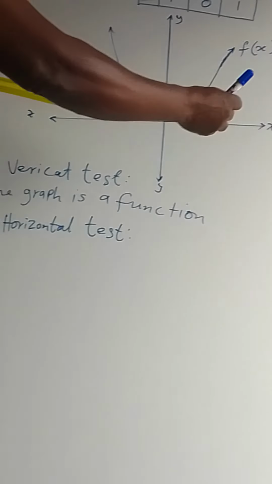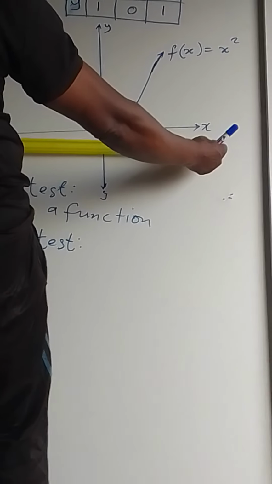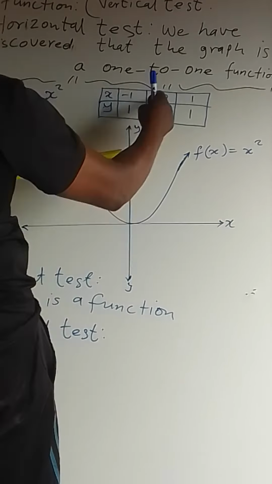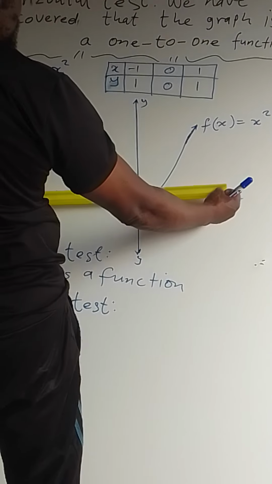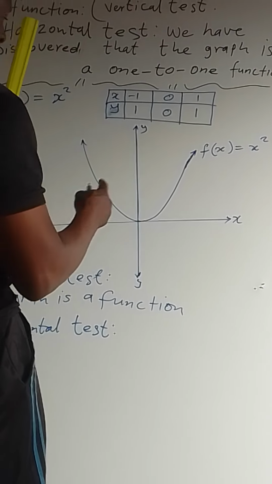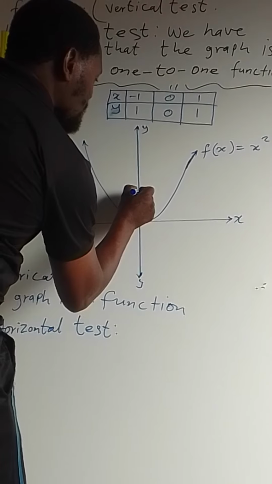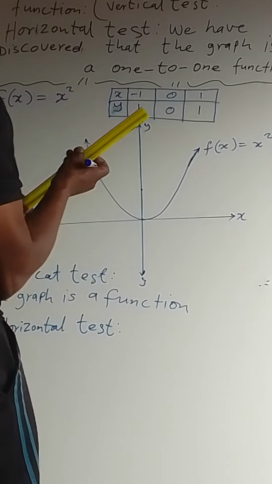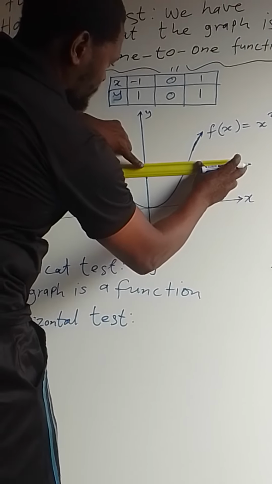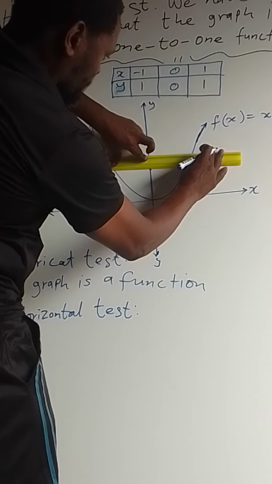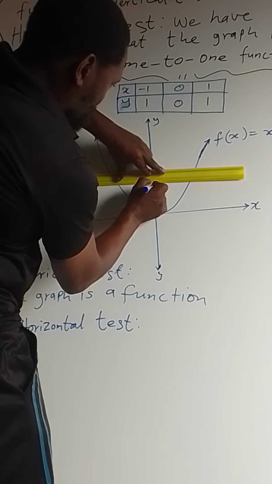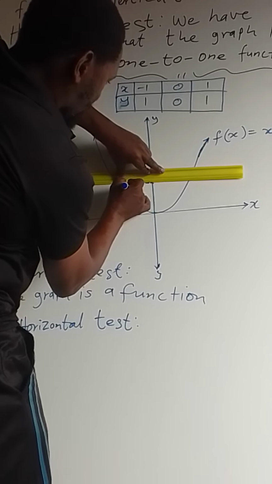So we are looking for the horizontal. We start here at 0, it's one-to-one, then we move. There is something that I want to show you, grade 12. It won't be as perfect because it's not drawn to scale.